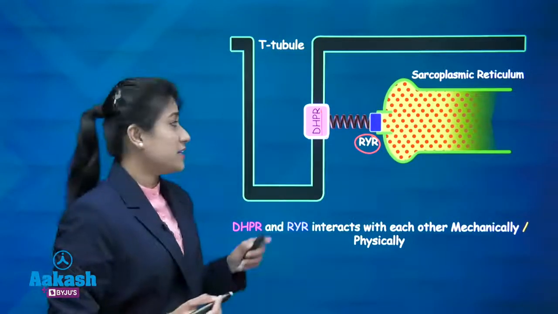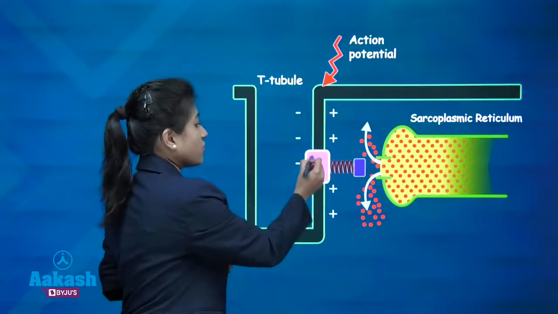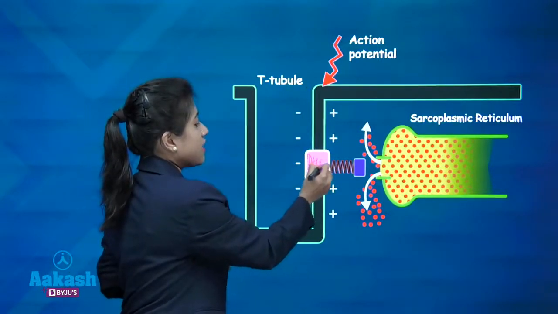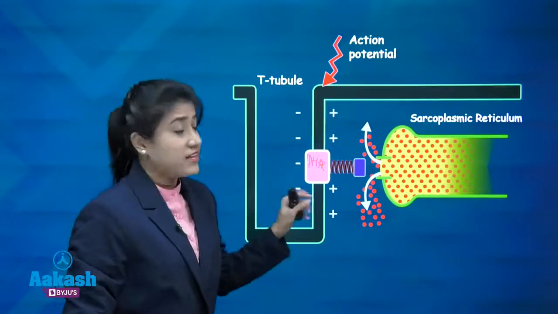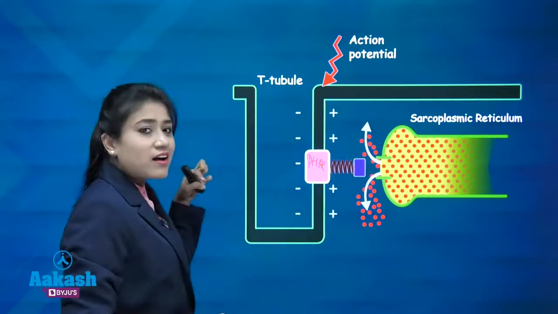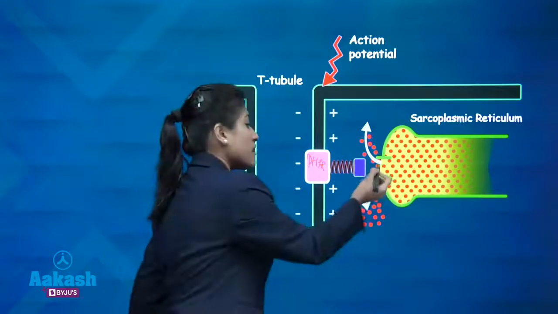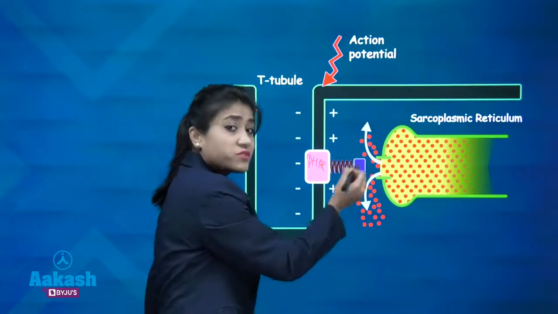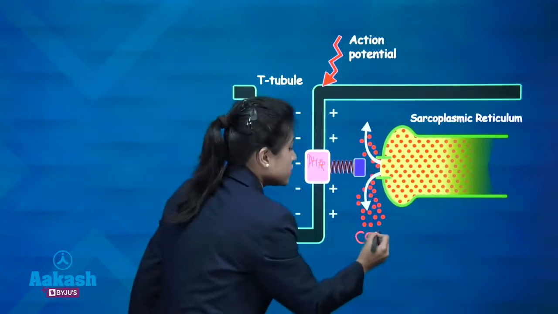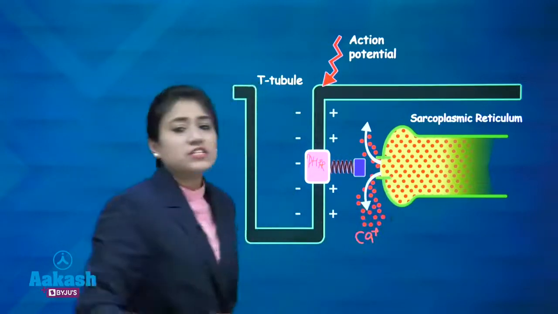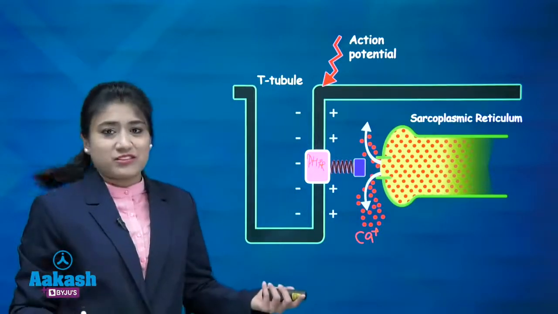What does it mean? It means whenever an action potential comes, there is activation of this DHPR channel. Whenever this DHPR gets activated, it pulls the RYR from the sarcoplasmic reticulum. And remember, whenever RYR gets pulled out, it causes release of calcium from the sarcoplasmic reticulum into the sarcoplasm of a skeletal muscle, leading to contraction.